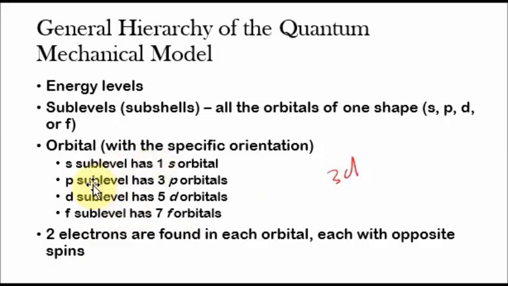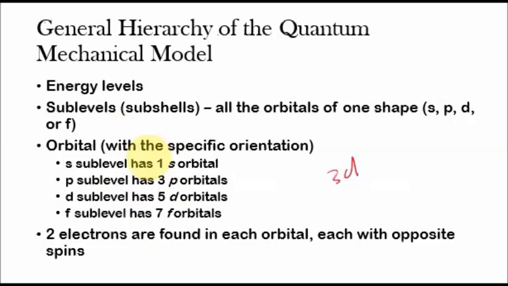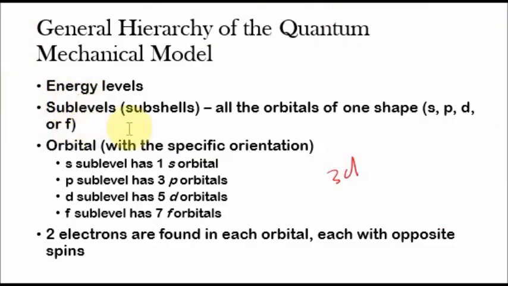And so that's why when we look at the d sub-block here, we have 10. We have 1, 2, 3, 4, 5, 6, 7, 8, 9, 10, because it has to follow the rules here. And same thing with the s sub-block. We know that the s sublevel has 1 s orbital, and each orbital has 2 electrons, so it's just 1 times 2.